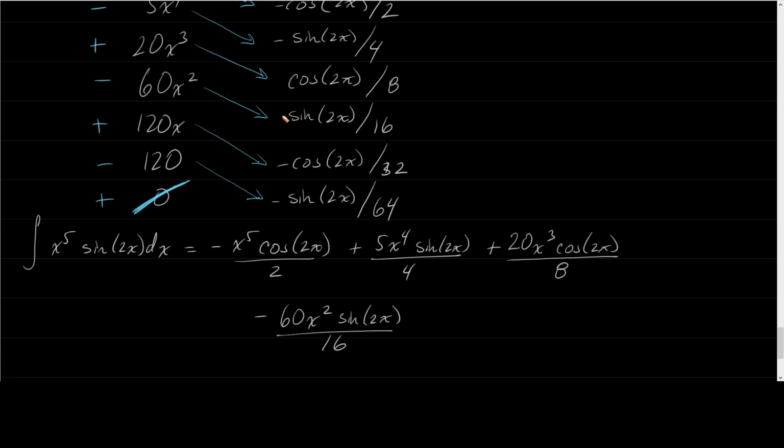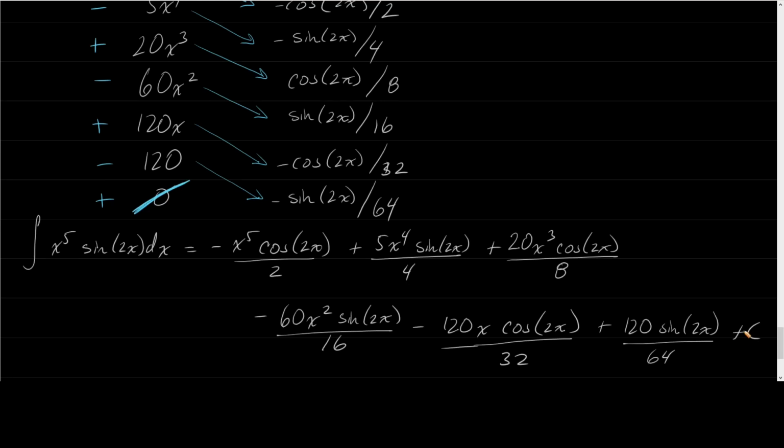That was these two. Plus the product of these two, but plus a negative is going to be a minus, so minus 120x cosine of 2x over 32. That was these two. And then minus times a negative is positive, so plus 120 sine of 2x over 64, and then all of that plus C.